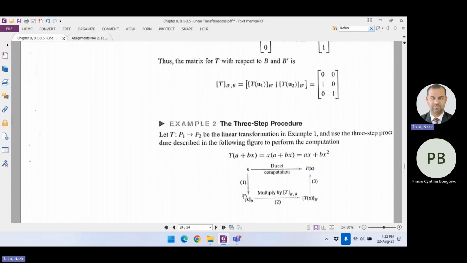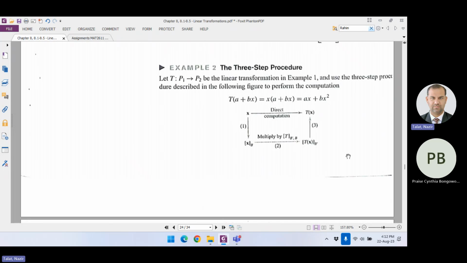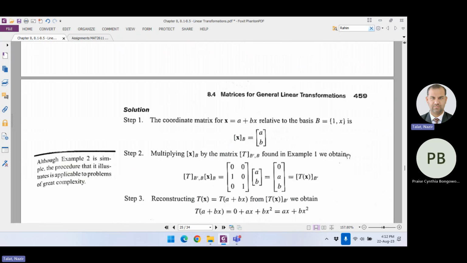Now, there are also some other procedures, like a three-step procedure, which we can employ to get the value. For example, if T is a mapping from P1 to P2 which is a linear transformation, take the elements in this way. Then we can sometimes multiply the elements and get their entries.